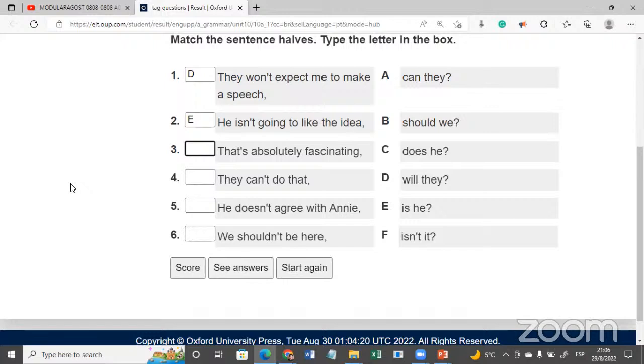F. Okay. Number 4. A. 5. C. Okay. Number 6.